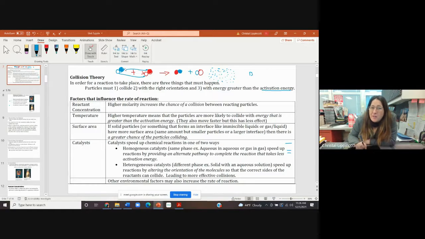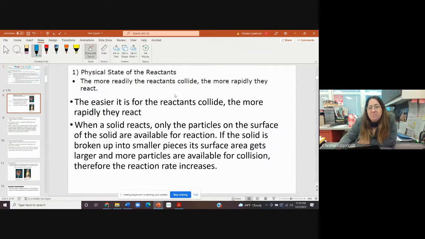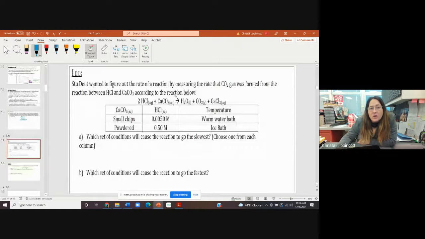And the more stuff you have of these, the more likely that collision is going to occur in the right orientation to make that happen. Does that make sense now? Okay. All right.